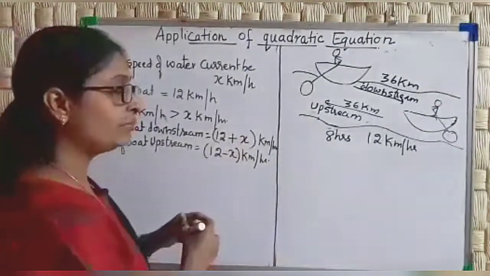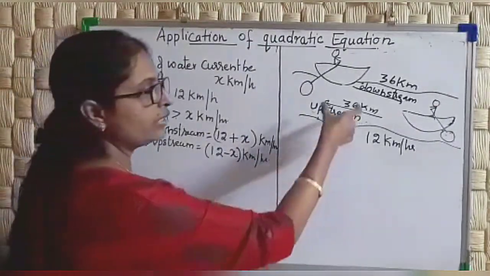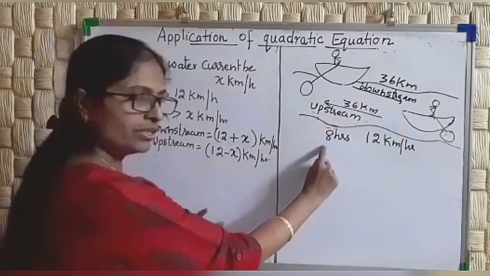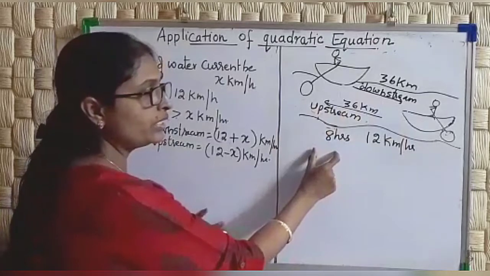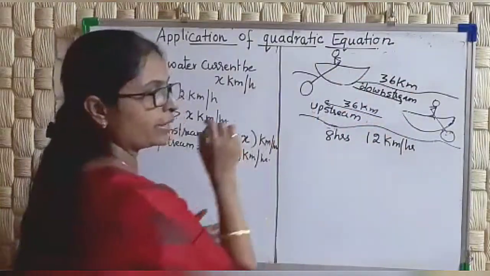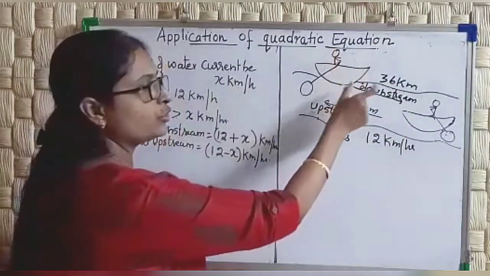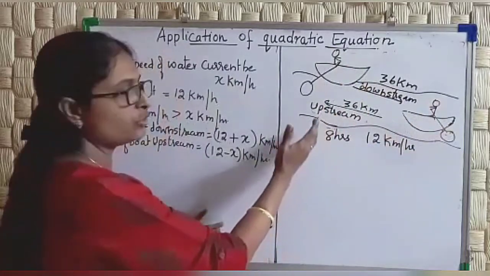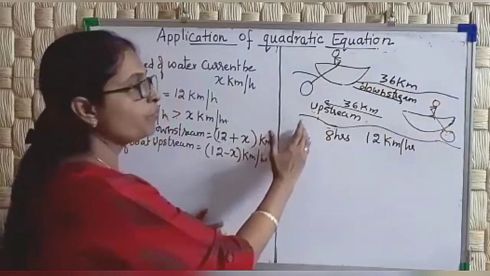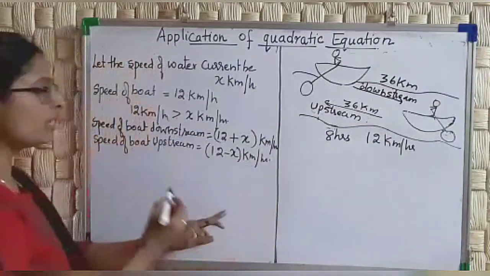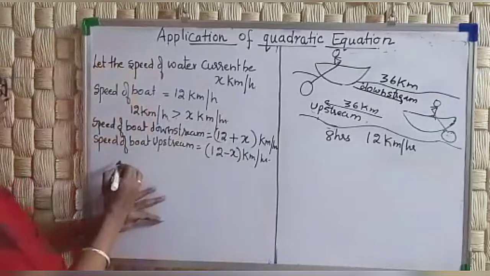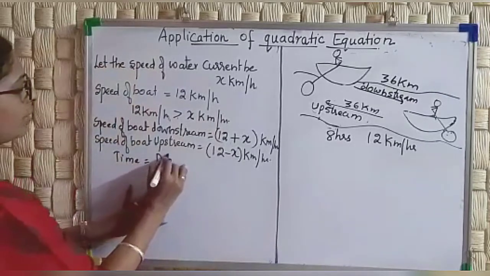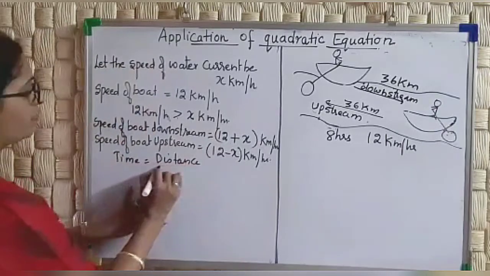Now, total time taken for Pratik to travel downstreams and upstreams is given as 8 hours. So what we have to do here is, find out how much time it takes for Pratik to travel downstreams and also the time taken to travel upstreams. For that we can use the formula, time is equal to distance upon speed.